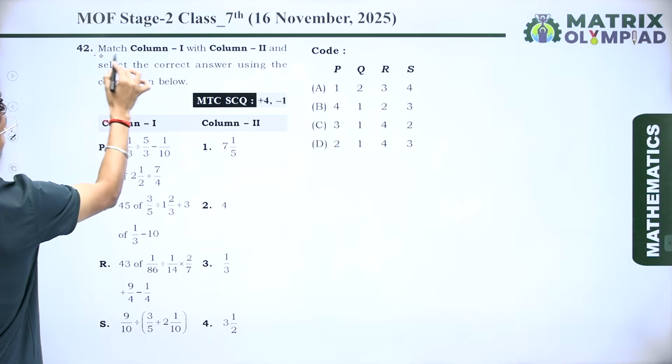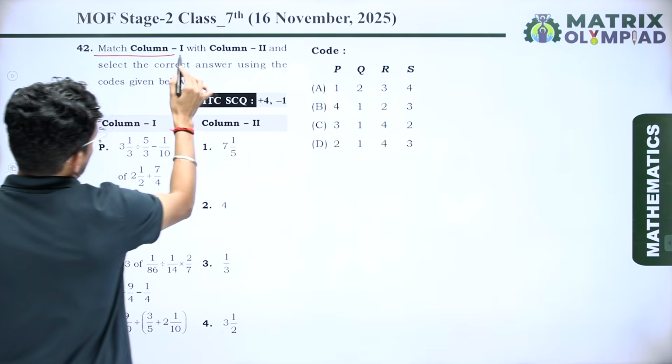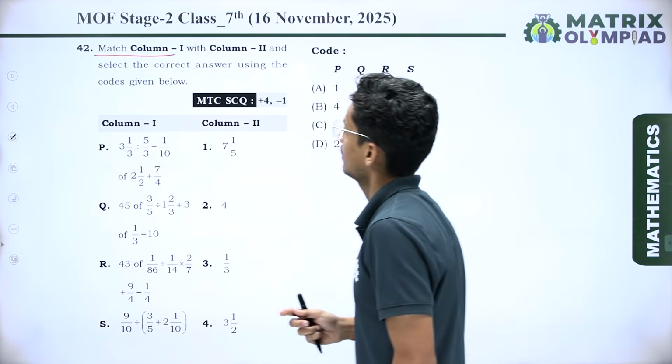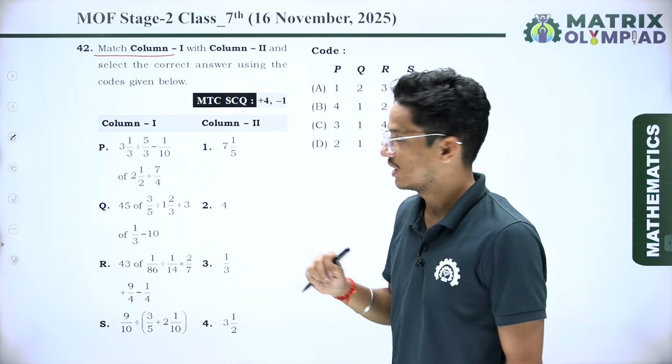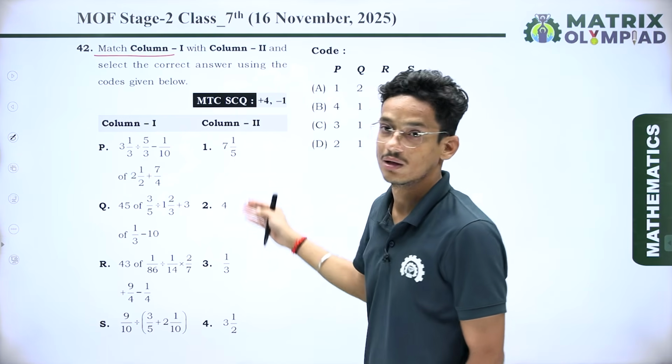So now if I talk about the next question, that is match column first and column second and select the correct answer using the code given below. So here we have column 1 and here we have column second.